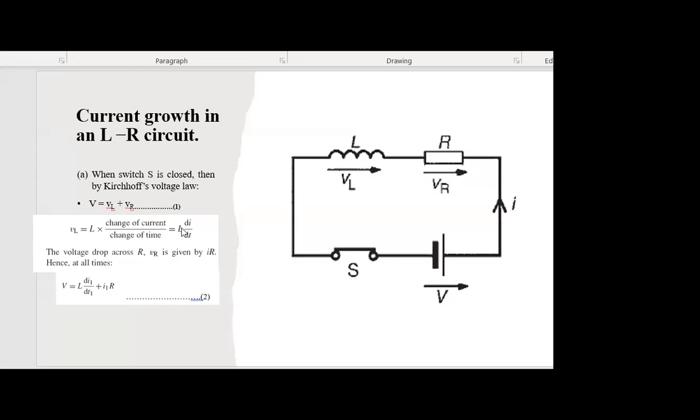So we substitute this in equation 1, and using Ohm's law, we get the voltage drop across the resistor. So we substitute IR, and this in equation 1, we get this. Then after, we look at the conditions.